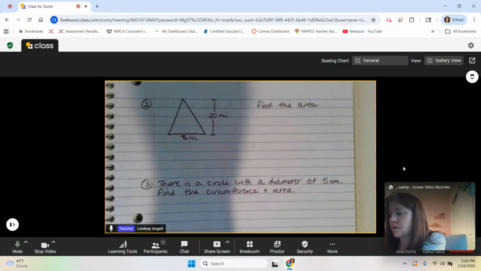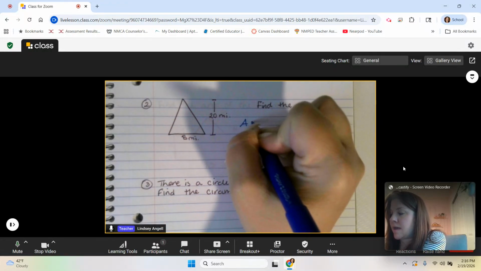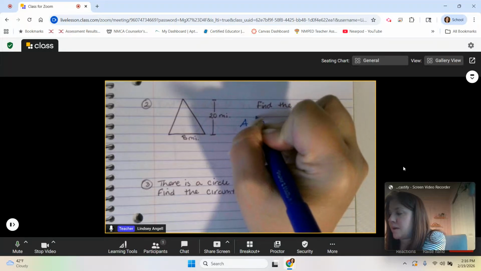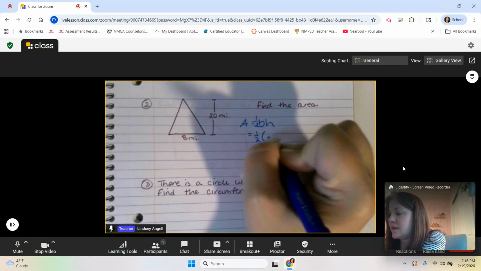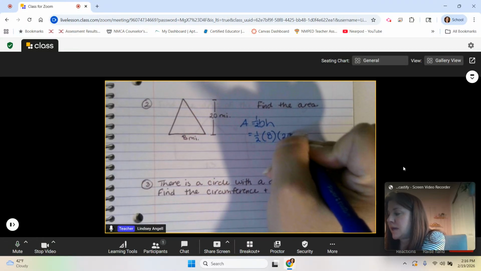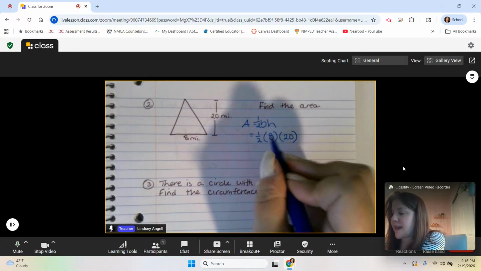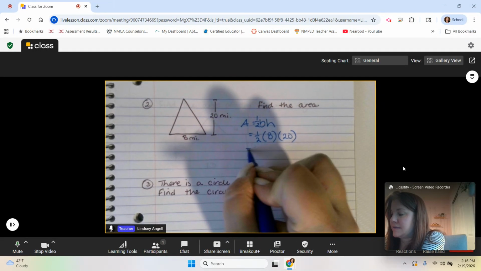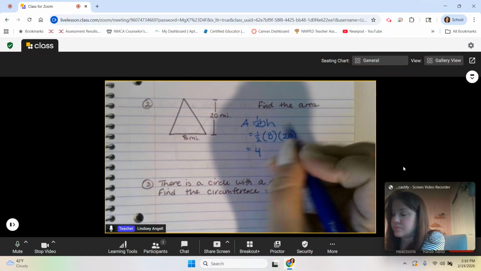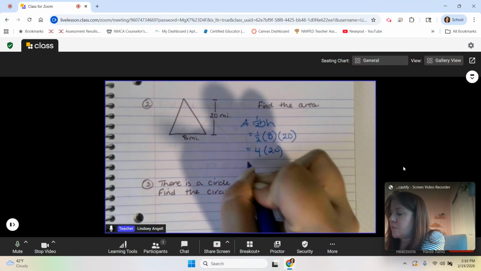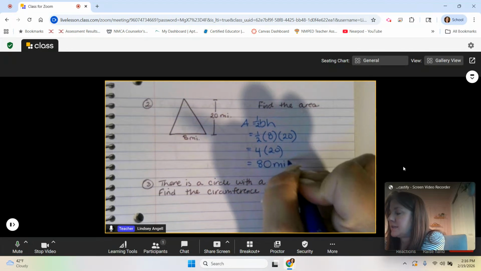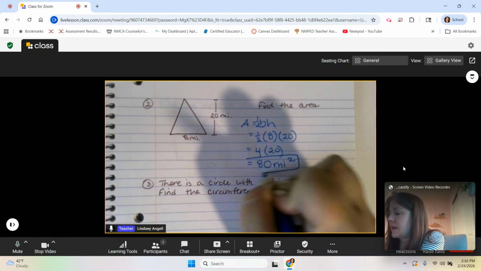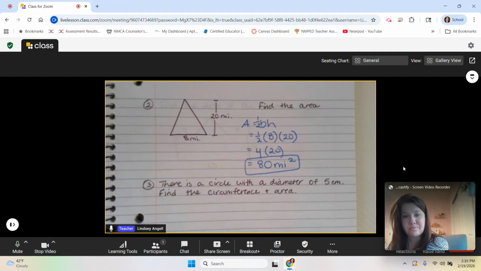Okay, so the area is equal to 1/2 times the base times the height. So we have 1/2 times 8 times 20. Now with that, half of 8 is 4, and 4 times 20 is 80. And these are in miles, so in this case that would be 80 miles squared. Okay?